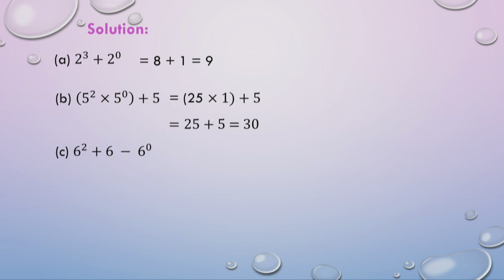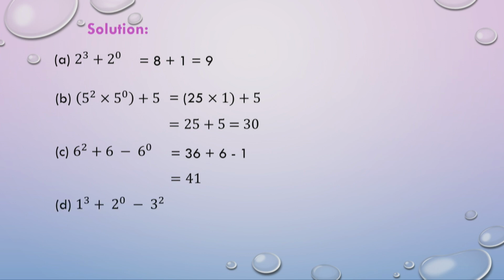Next part. 6 to the power of 2 plus 6 minus 6 to the power of 0. So 6 to the power of 2 is 36, plus 6 minus 1, as 6 to the power of 0 is 1. So 36 plus 6 minus 1, which gives me 41.